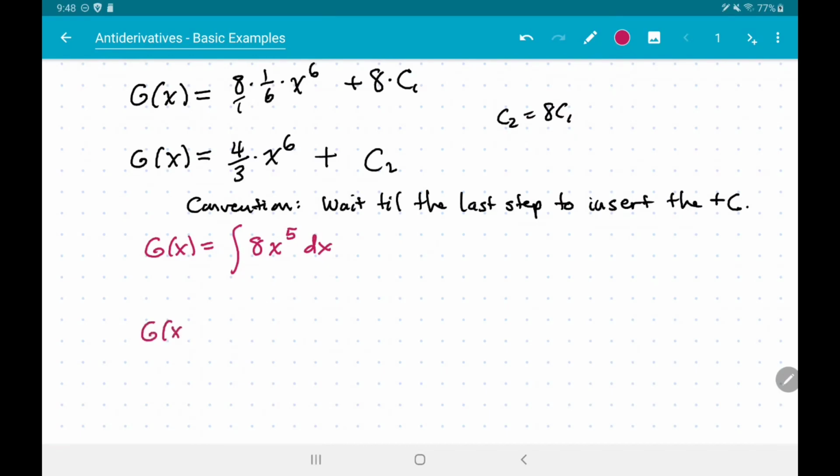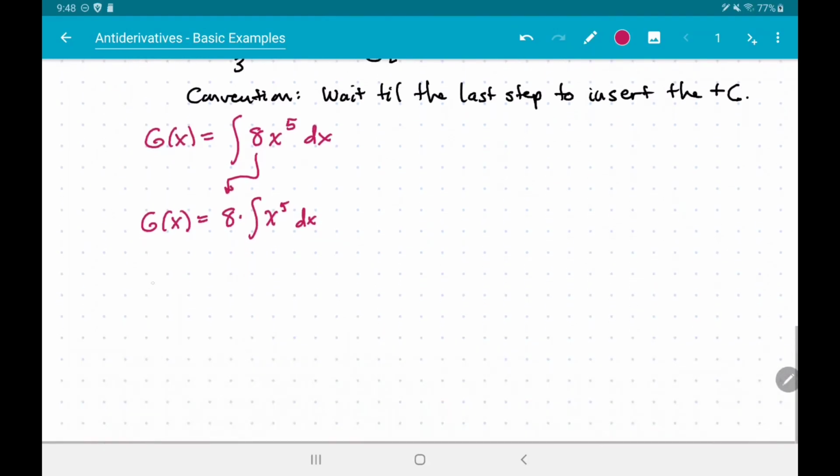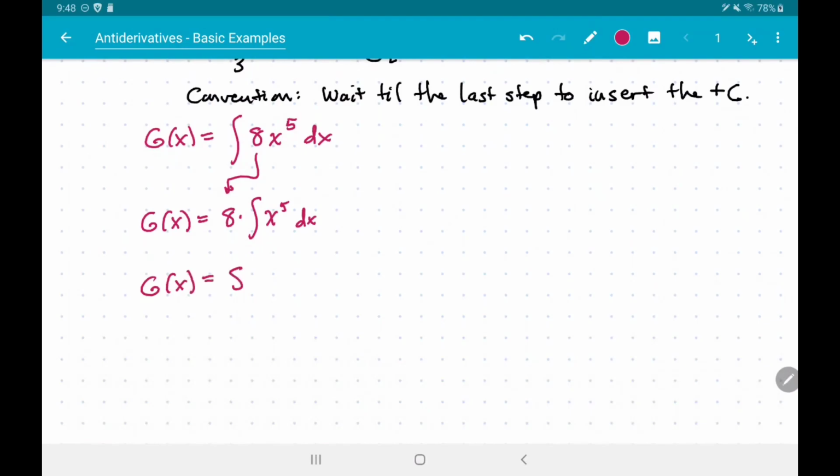The first step would be to hop the multiplication by 8 outside the antiderivative, then to use the antiderivative power rule on x to the fifth there to get 1/6 x to the sixth, and recognize that this is one antiderivative of 8x to the fifth. And then to make it general, we leave room for an added constant that would be specified by some other piece of information.